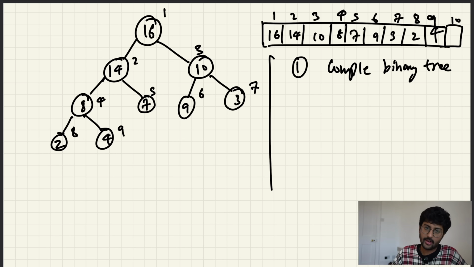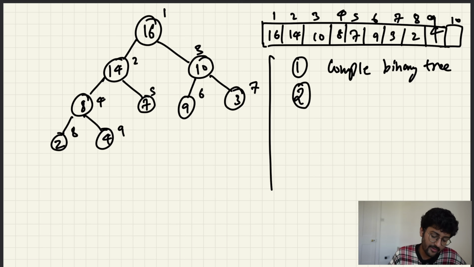Okay, complete binary tree. The next thing I want you to notice is point number 2: every node that you can see here, since this is a maximum heap, a max heap if you will, because we want the maximum item in constant time, so it's called a max heap.